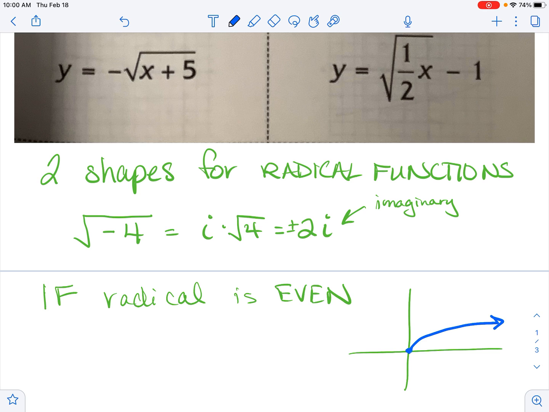And that makes sense because as we just discussed, everything negative is imaginary. So if it's even, that's going to make sense.